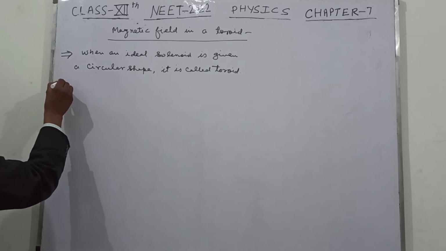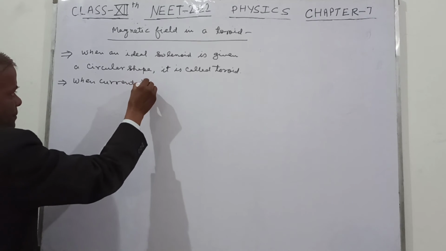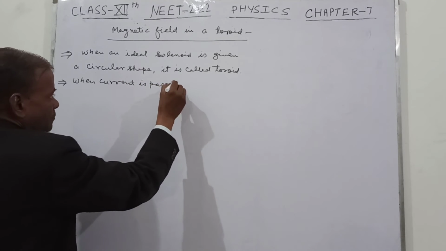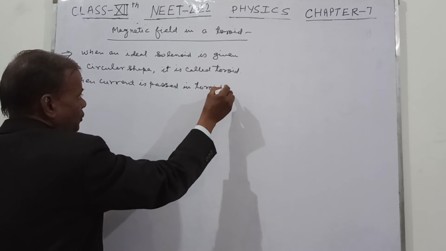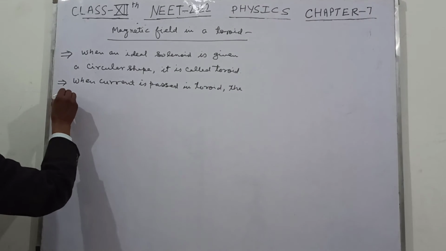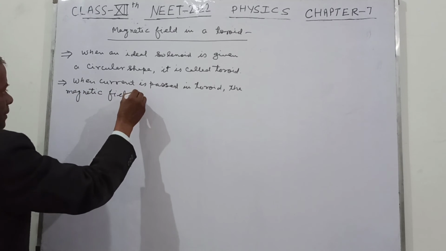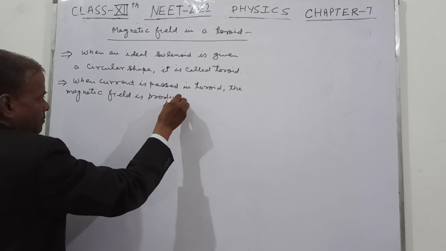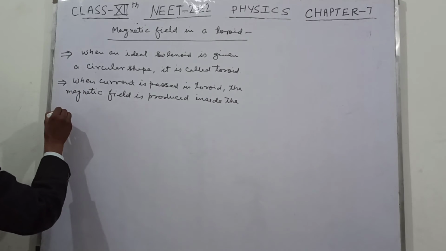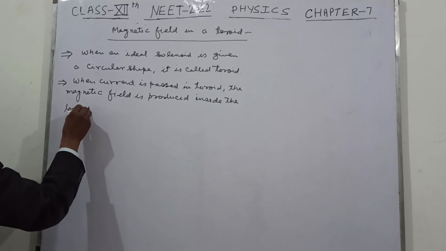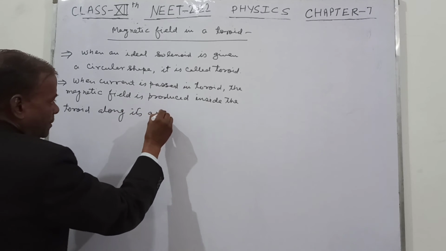When the current is passed in the toroid, the magnetic field is produced inside the toroid along its axis.